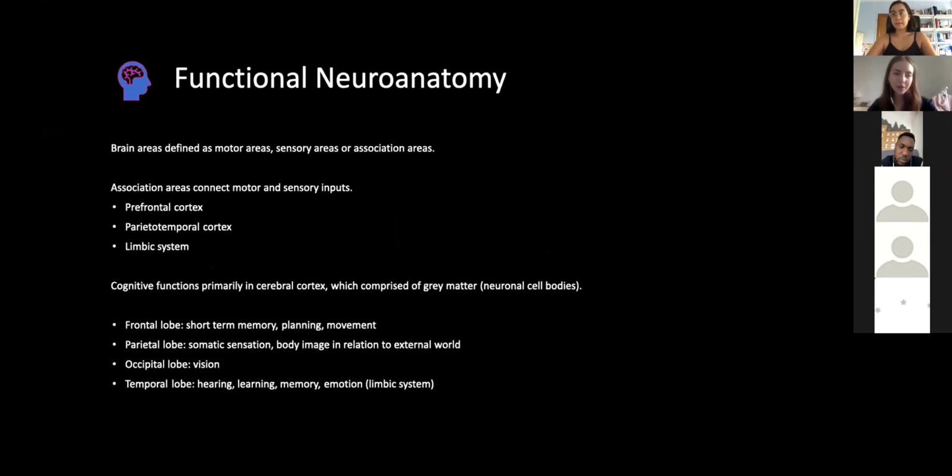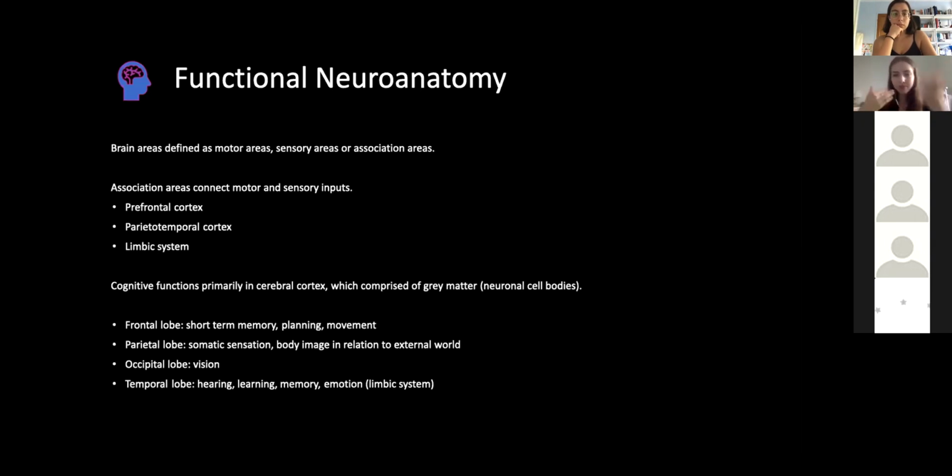But just to give you a quick overview, brain areas of the cerebral cortex are generally classified as either motor areas, sensory areas, or association areas. Association areas are the ones that connect motor and sensory input, and are also responsible for more complex functions such as motivation or thought.